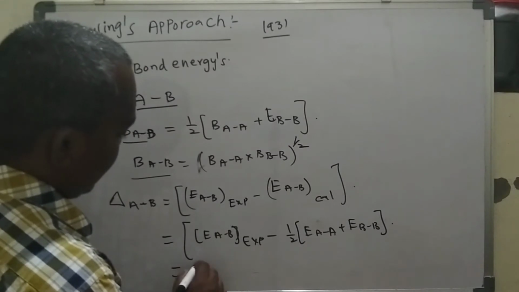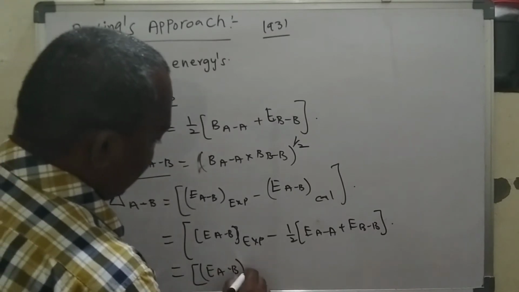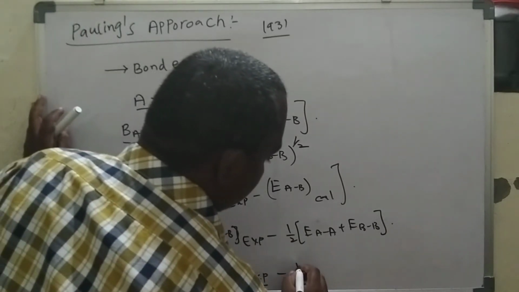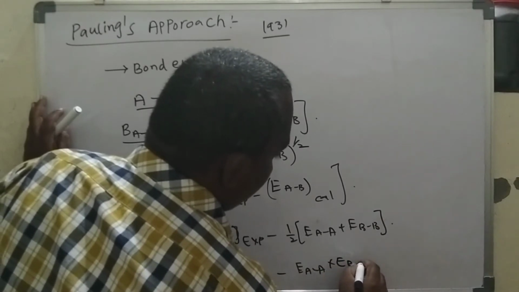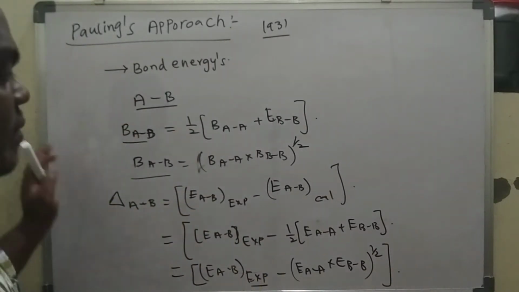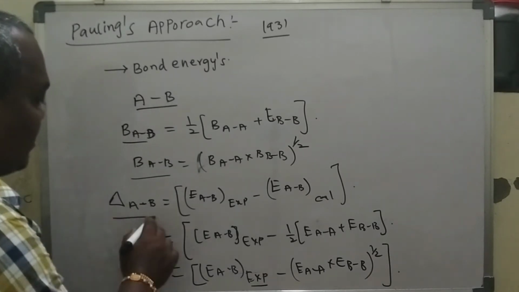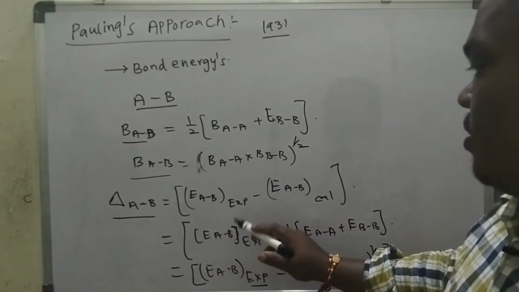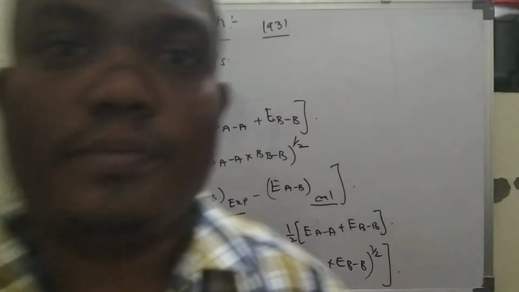Like that, one more we write: the energy of A-B experimental, where exp means experimental, minus the energy of A-A times the energy of B-B, whole to the power of 1 by 2. So this is how delta, the change in the bond energy values, is calculated. This is the experimental value, this is the calculated value, right.